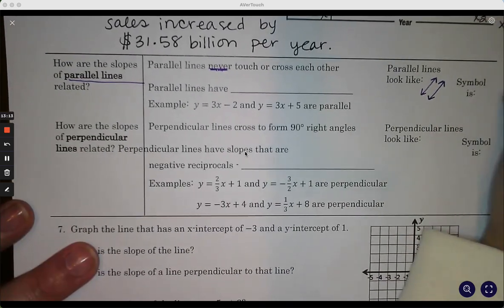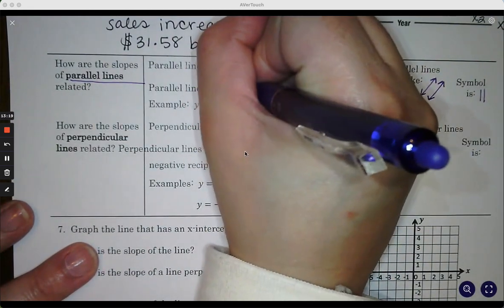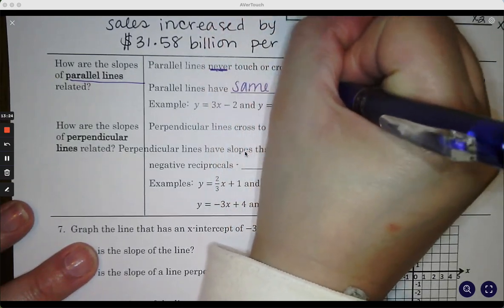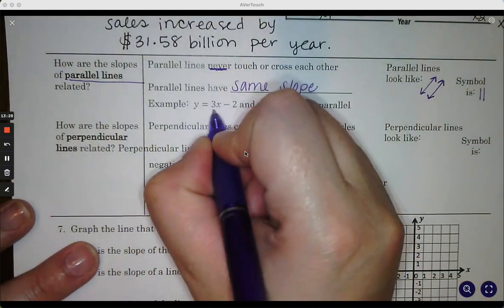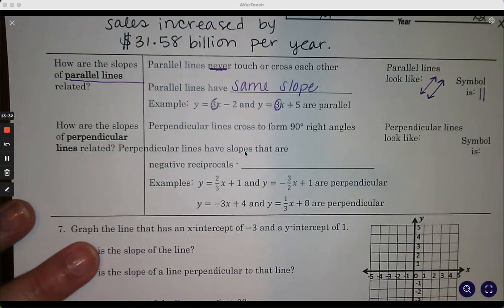The symbol for a parallel line looks like a number 11. Parallel lines have the same slope. So if I look at these two equations, I notice that the number in front of the x, the m value, is 3 in both. Because it's the same, they are parallel.